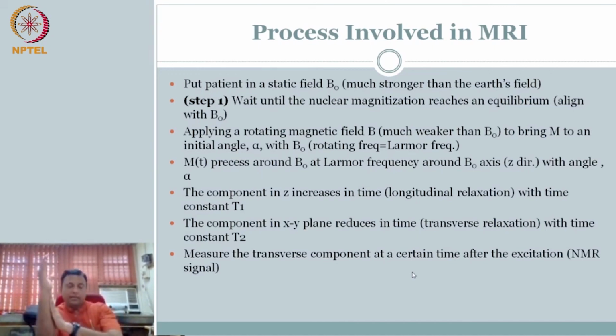I have given another rotating magnetic field, made everything coherent, and I have pushed the value to the XY plane. Now if I remove that external rotating magnetic field, it will start to relax. That means it will start to dephase. So your component in the transverse plane is going to go to 0, but it is going to try to align itself to the external magnetic field. So your Z component will go up. That is what they mean by relaxation.